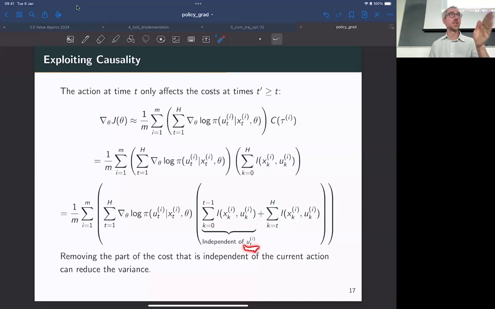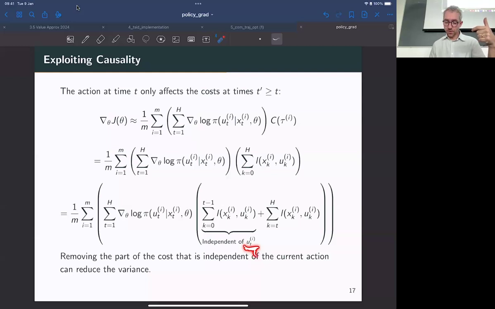So whatever action I take at time t, it has no effect on that part of the cost. It's completely independent of the action.